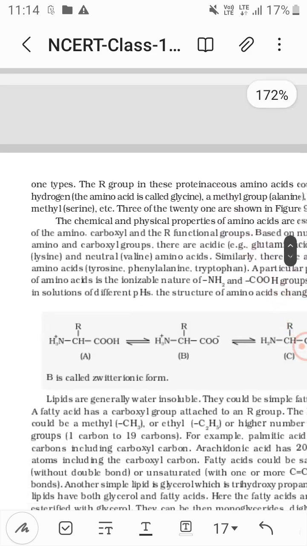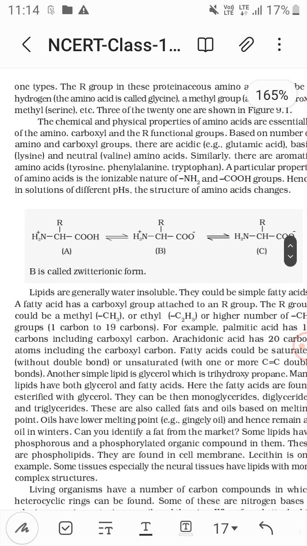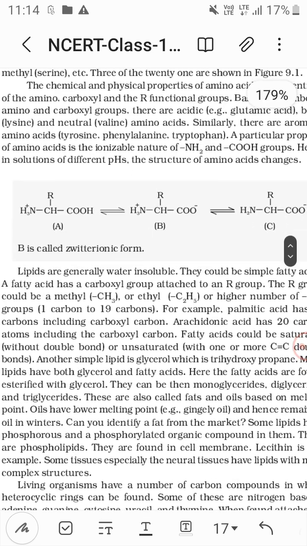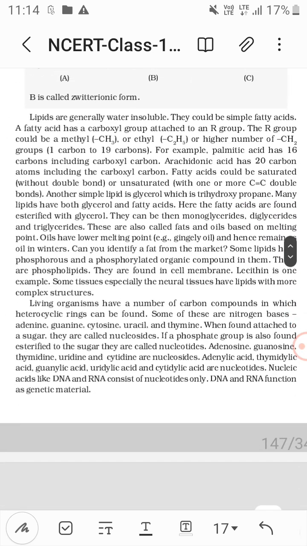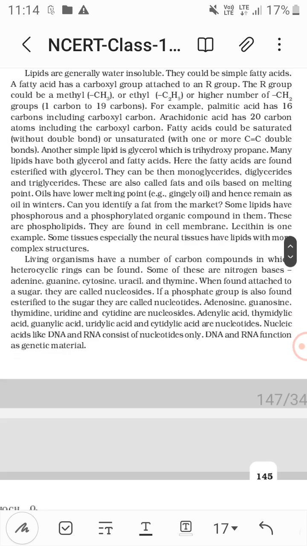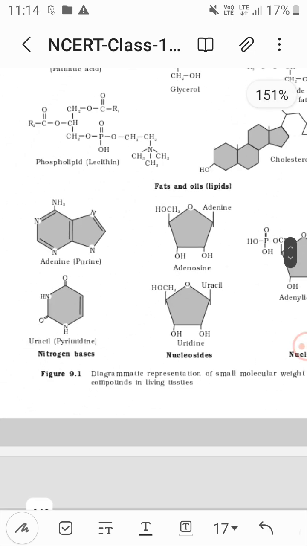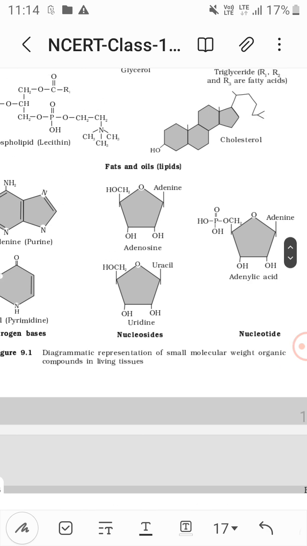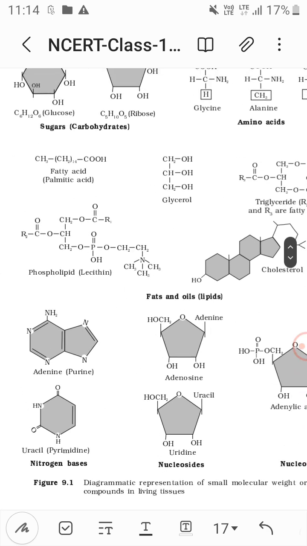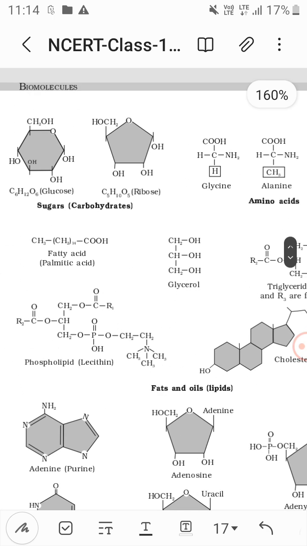Now alpha amino acids. Now there is the zwitterionic form, which contains NH3 plus and COO negative. So now coming to this, the diagrammatic representation of small molecular weight organic compounds in living tissues includes glucose and ribose.